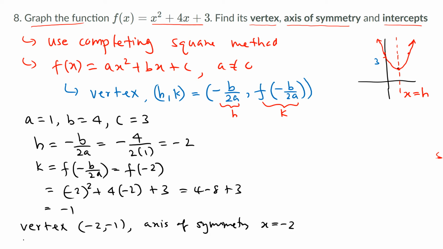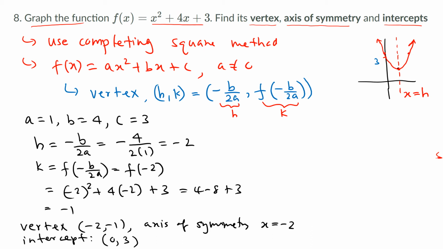And the intercept, you can find very easily. When x equals 0, y equals 3. So the y-intercept is at y equal 3. We just say y equal 3, or you can say (0, 3). It would be better to say (0, 3), because that's a point.